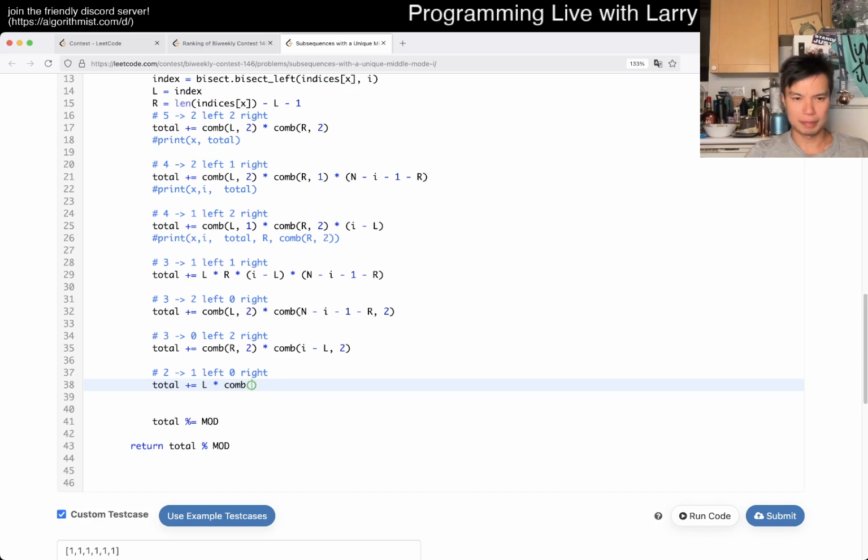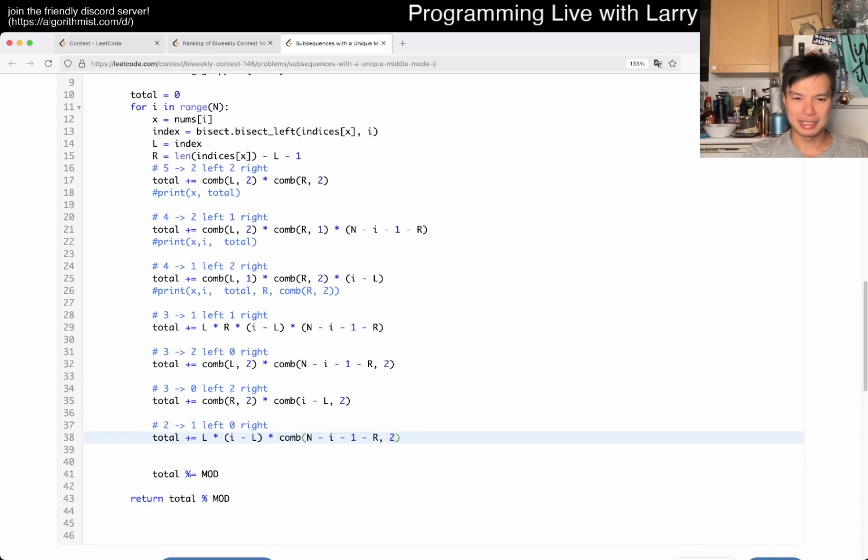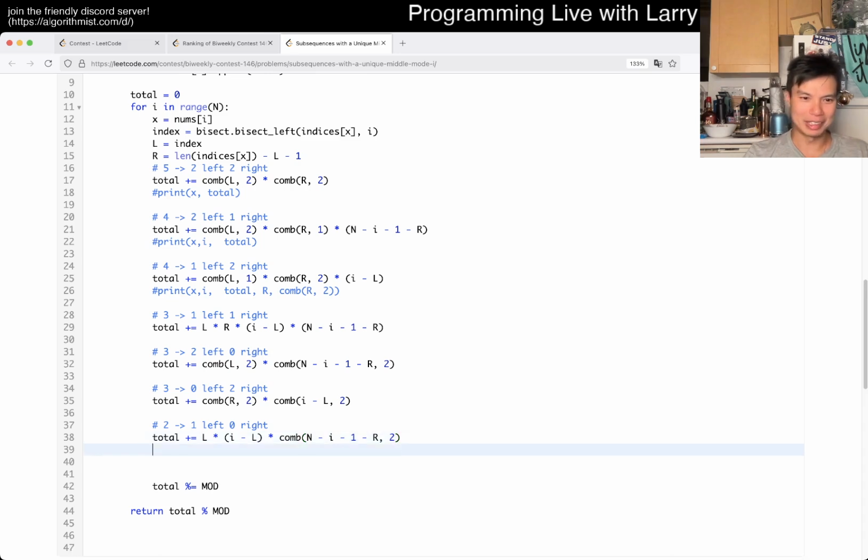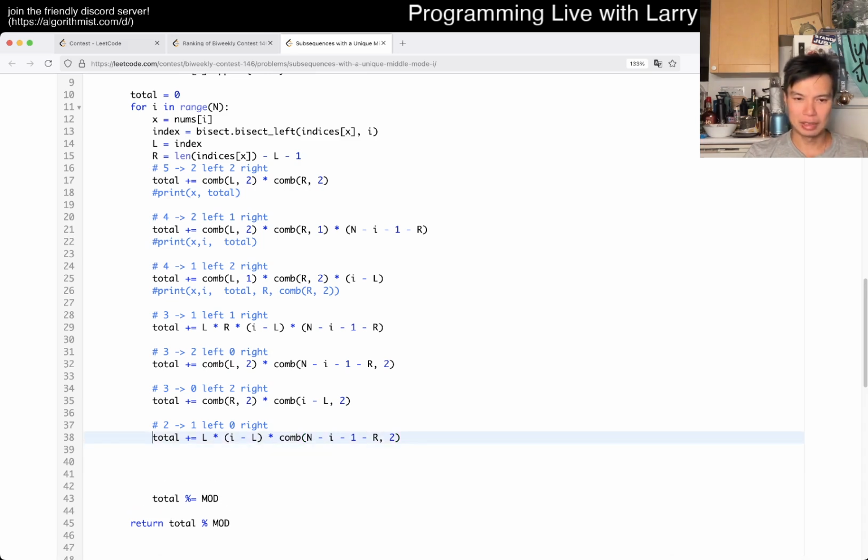Where's that? I minus L, choose 1, so I guess that's actually just this. Times. I need more better variables. I'm gonna mess up on a typo and I'm gonna be like really sad. Okay. Yeah, we just choose any two.